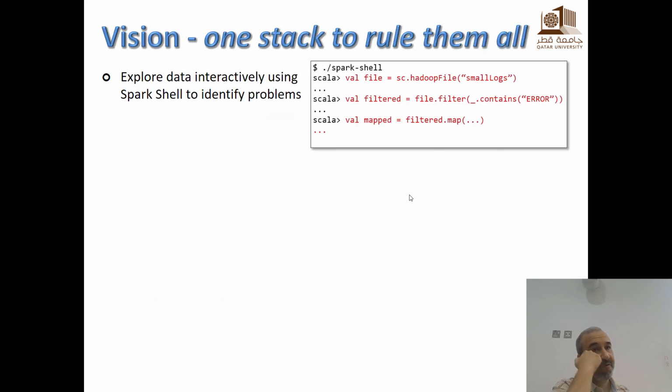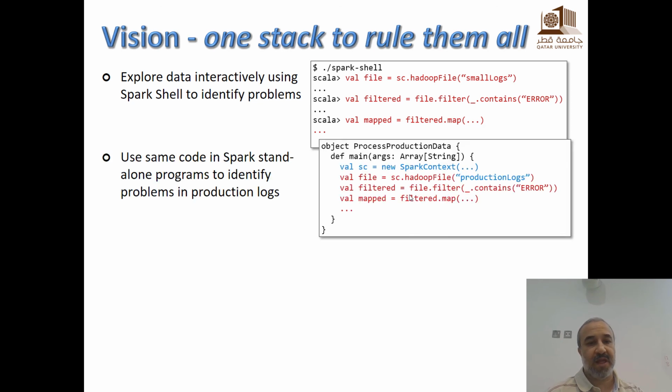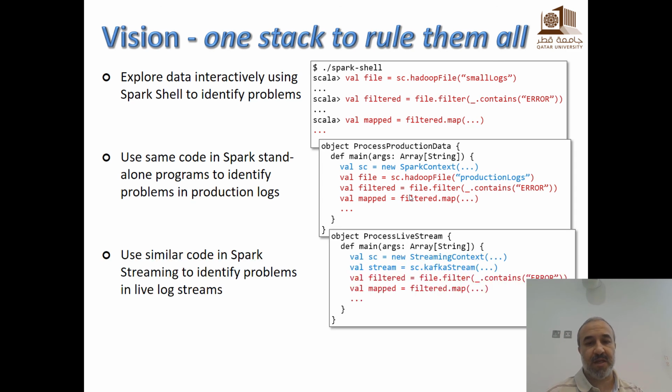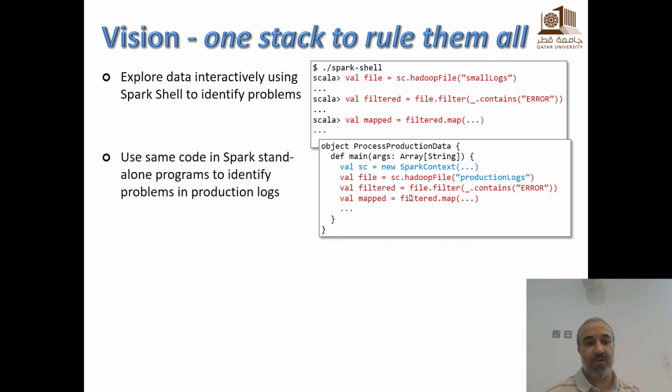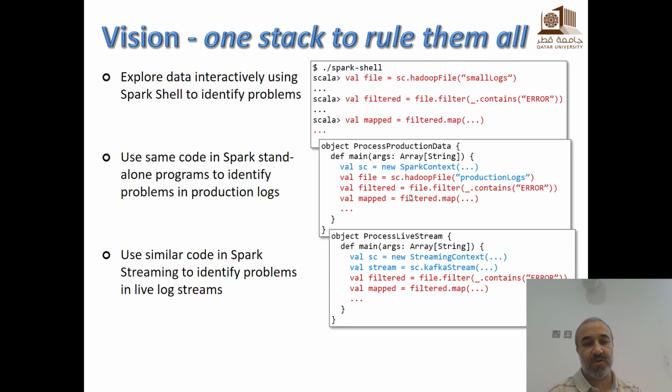And the vision of Spark is always having one stack to rule all of what we need to do, or most of what we need to do. So you can use the interactive shell to write commands. You can write standalone programs, for Spark or for Spark streaming. You can also do both.